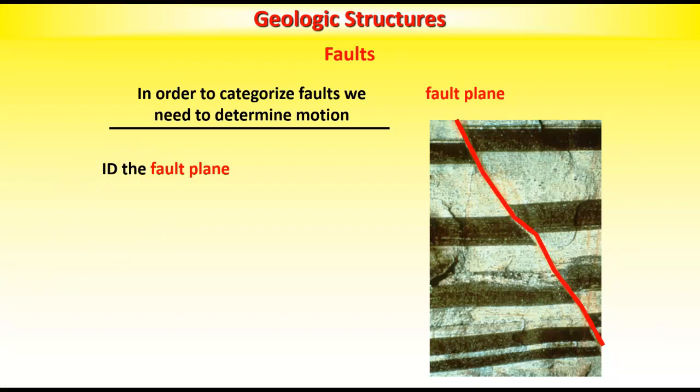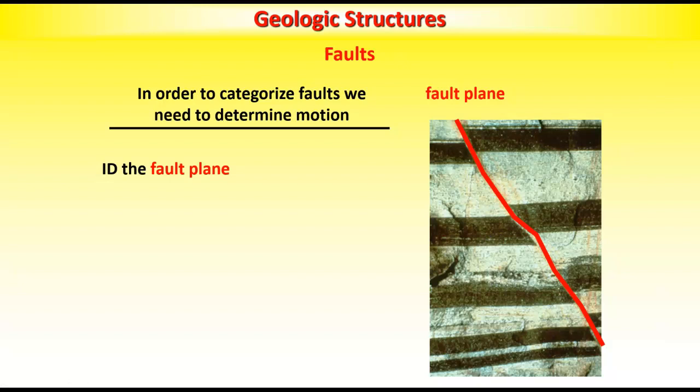Now the trick here is to figure out which way the blocks have moved. Now, this is challenging. I mean, initially it's not challenging. You'd say, okay, I can see that this top or right part looks like it went up. Okay, and I would agree with that. Or you could say, but the bottom part went down. Okay, I could see that too.